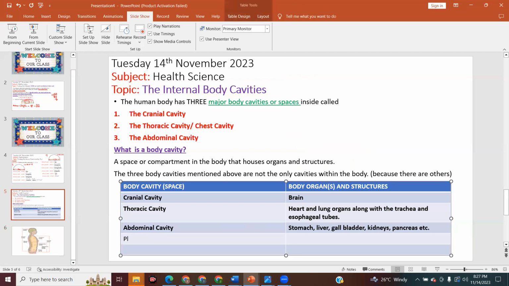The pelvic cavity: we have reproductive organs, urinary bladder, and the rectum. All right. That's the pelvic cavity.